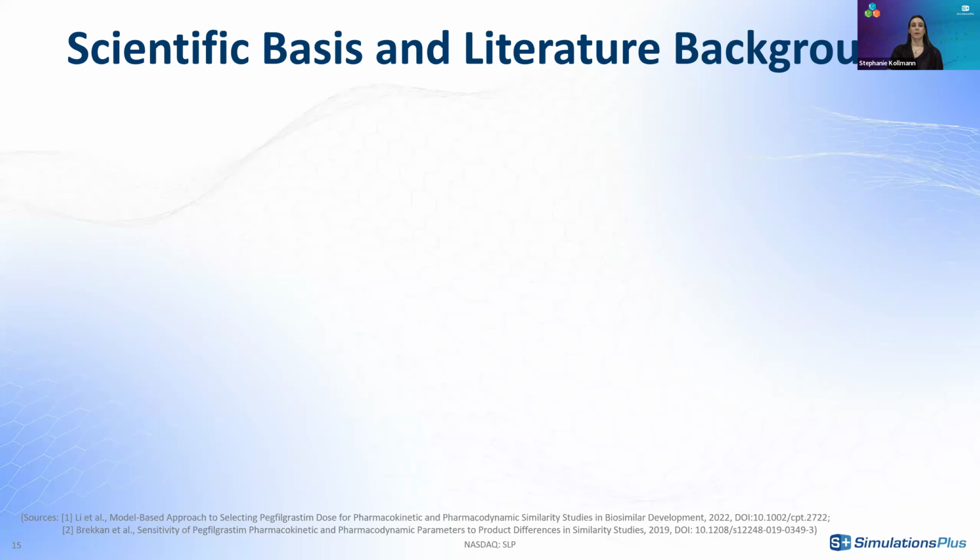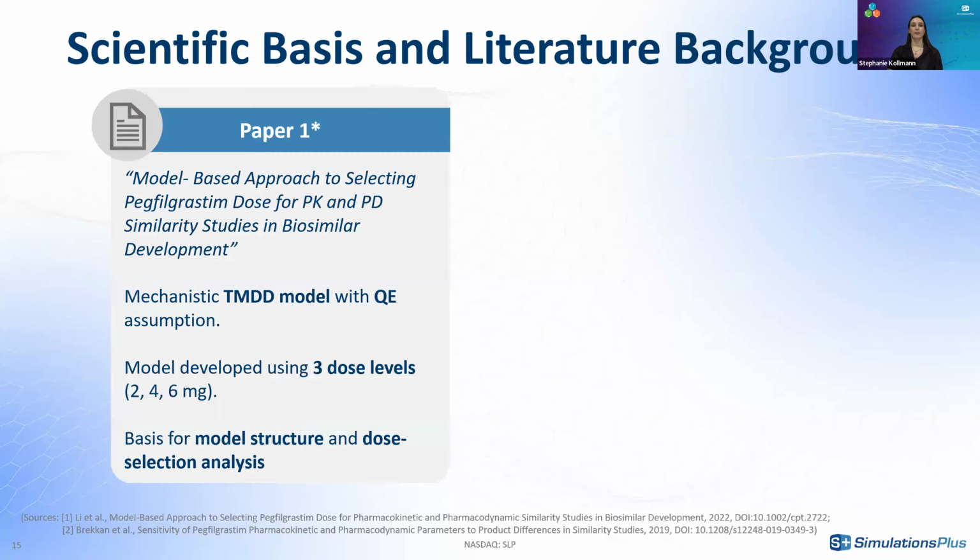The analyses in the webinar were inspired by two published studies that established the modeling framework for pegfilgrastim biosimilarity assessments. The first paper developed a mechanistic TMDD model with a quasi-equilibrium assumption. This model is built using 3 dose levels, 2, 4, and 6 milligram, allowing evaluation of dose-dependent nonlinearities.